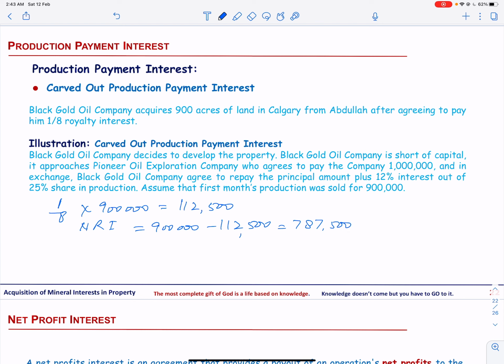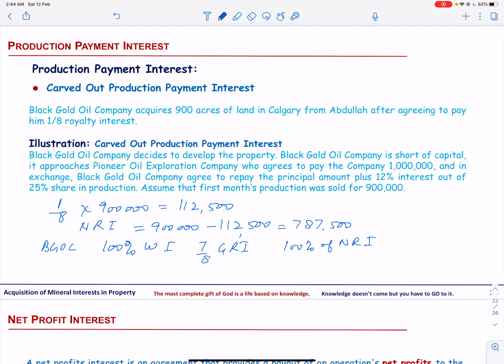Black Gold Oil Company owns 100% of the working interest and will receive 7/8 of gross revenue interest, or we can say 100% of net revenue interest.